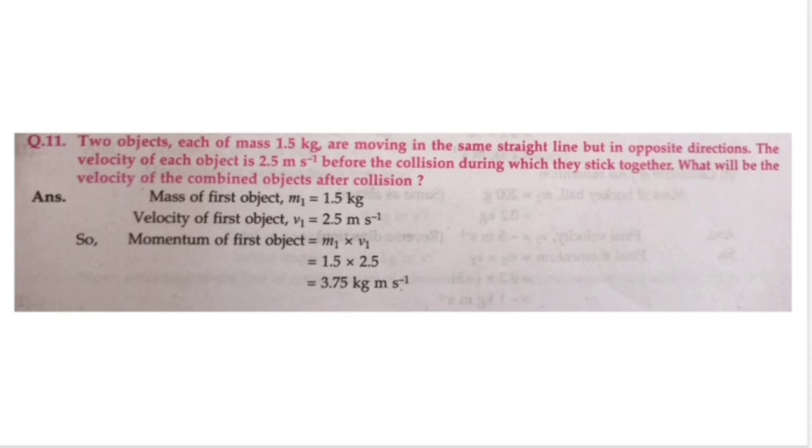Here the question is asking us to find out the velocity of the combined objects after the collision. So in the first part, we will first of all calculate the momentum of the first object. We use the formula m into v. So since it's the first object, m1 into v1. Substituting m1 as 1.5, v1 as 2.5, we get 3.75 kg meter per second.